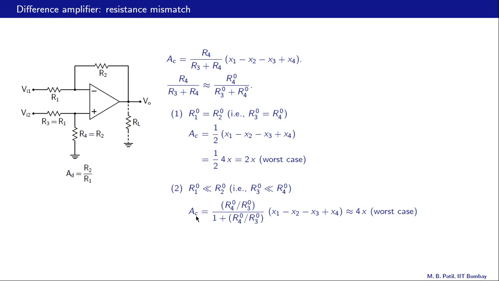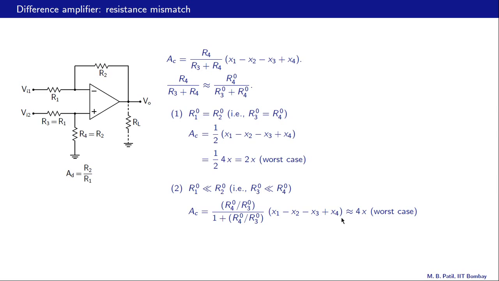The common mode gain, the prefactor is R40 by R30 plus R40. We can rewrite that as R40 by R30 divided by 1 plus R40 by R30. Now this number is much larger than 1 because of this condition, and therefore this is nearly equal to 1. And once again this bracket has a maximum value of 4 times x, that is the worst case.